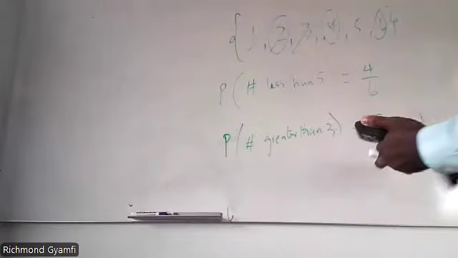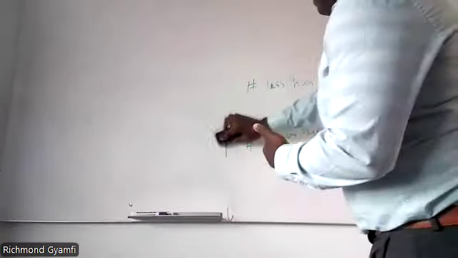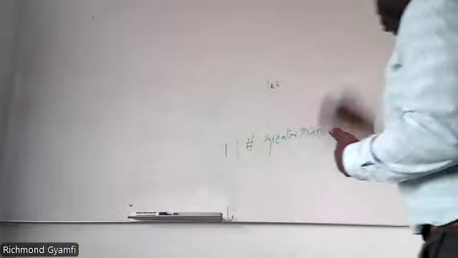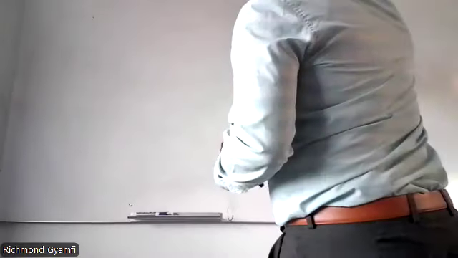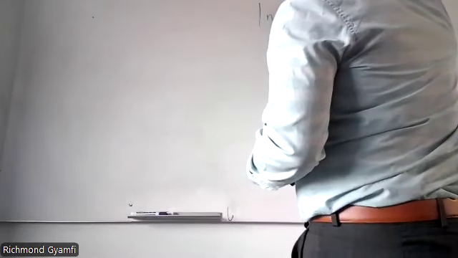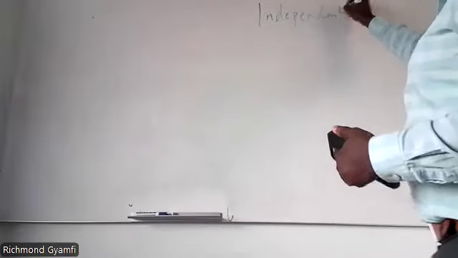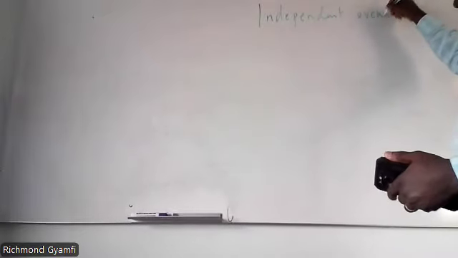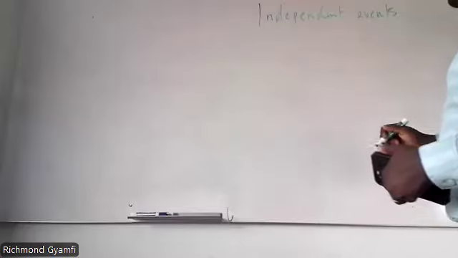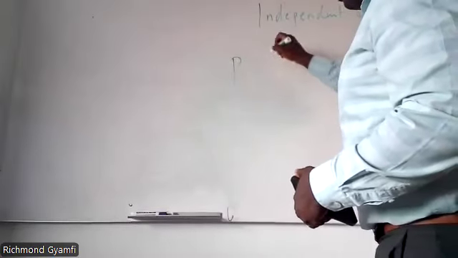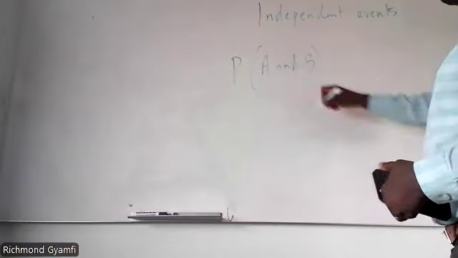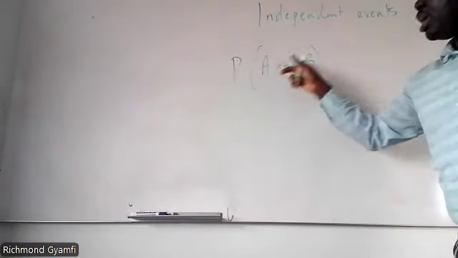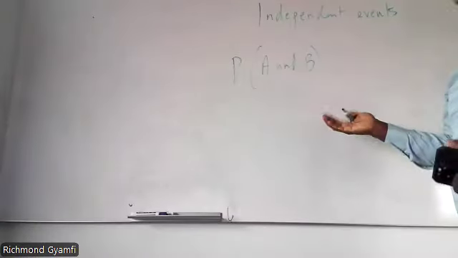Suppose we have 2 events that are independent of one another. What does this tell us about how we compute the probability of A and B? Okay. So for independent events, and these are in the PowerPoint slides too, to find the probability of A and B, remember A and B are independent.